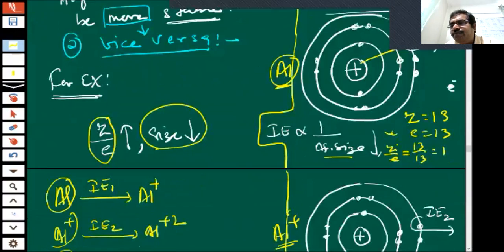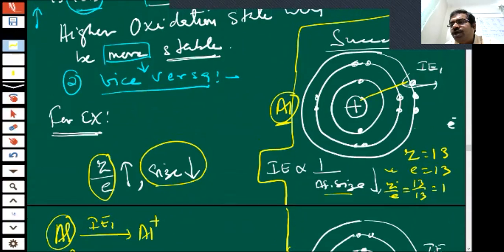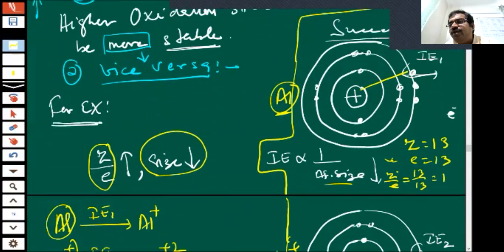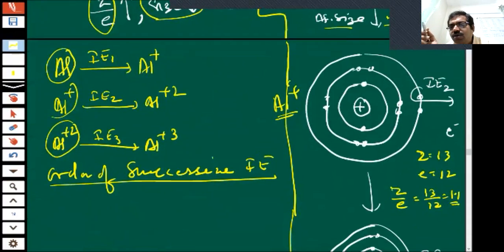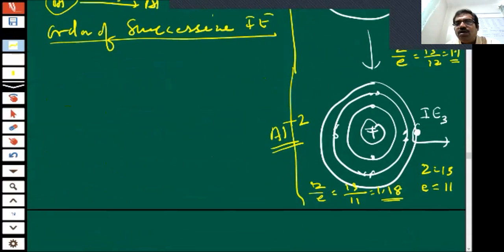Did you understand? So in which case will we face difficulty in removing an electron? Al plus 3.